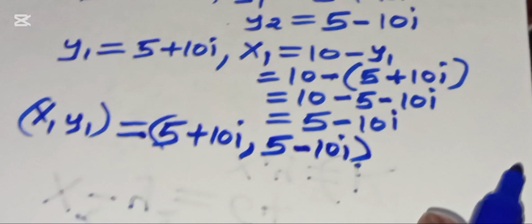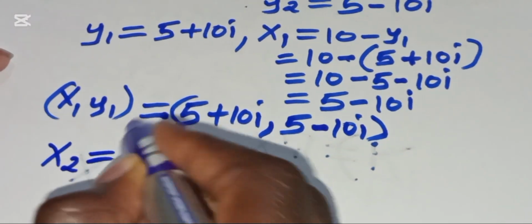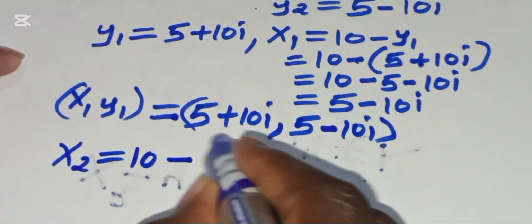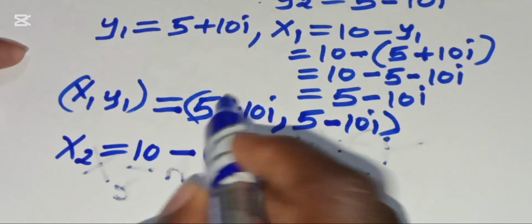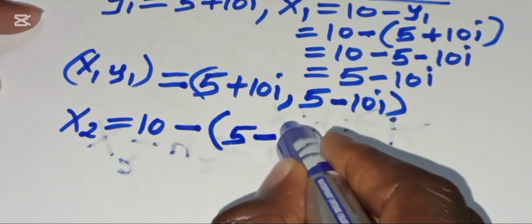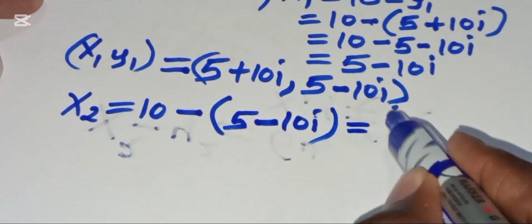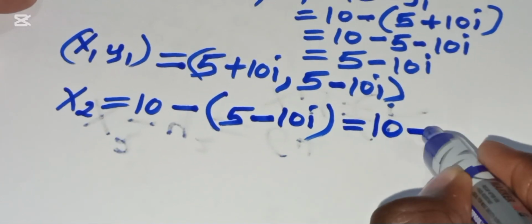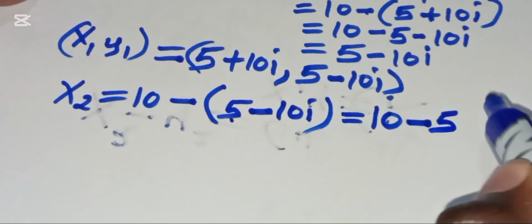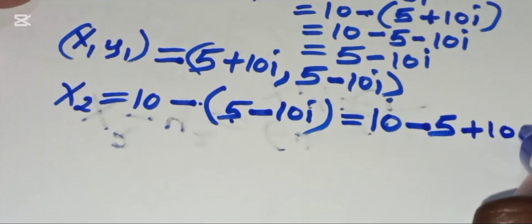Now let's solve for x2. So x2 is given as 10 subtract y2. And what is y2? y2 is equal to 5 minus 10i. If we substitute, this is the same thing as 10 subtract 5, negative times negative 10i, which is plus 10i.